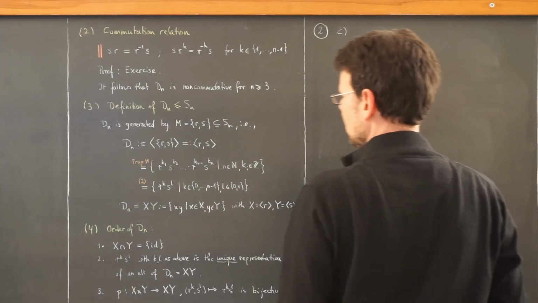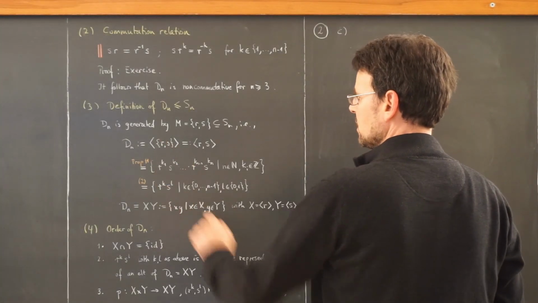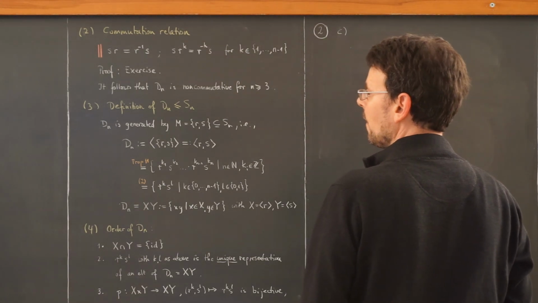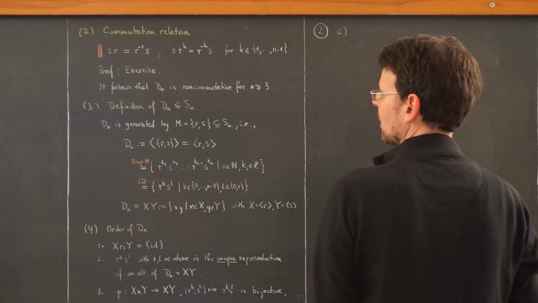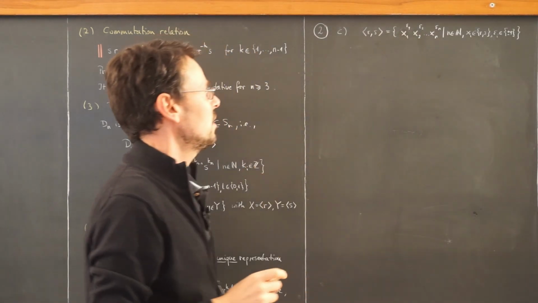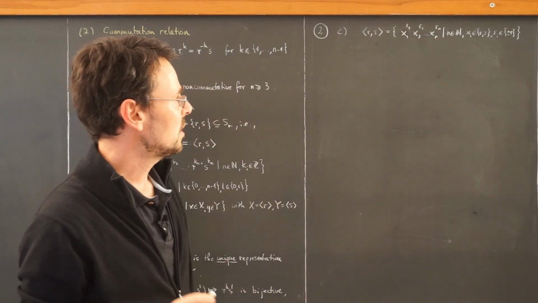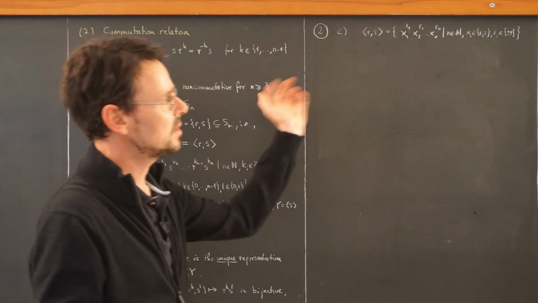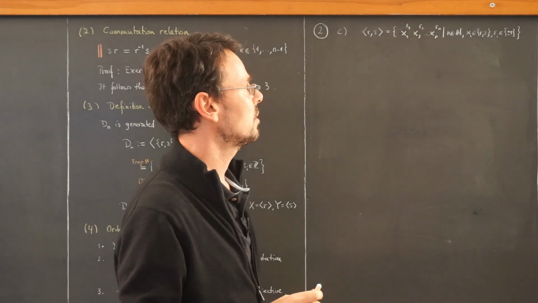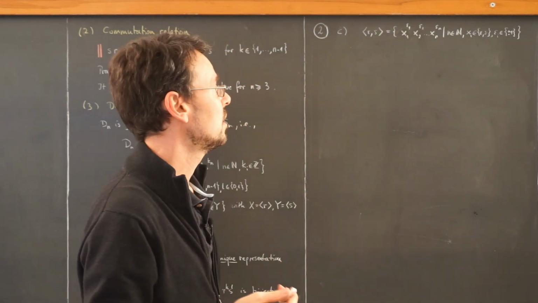Okay, in part C, we are supposed to fill in the missing details here to show that Dn actually can be written like that. Okay, this is not going to be too much fun. It's just tedious to write down. But it's a good exercise to work with those groups generated by a set.